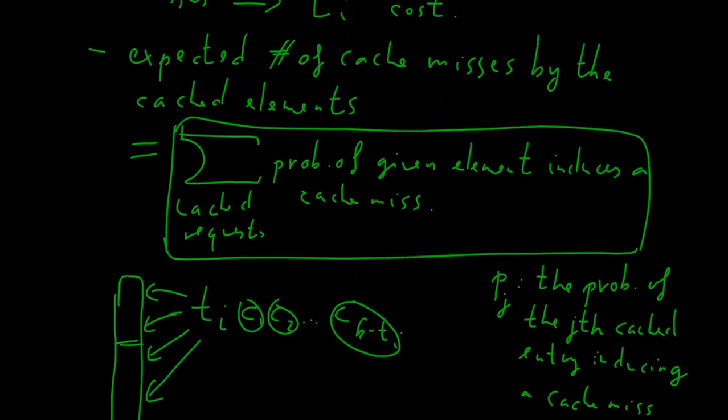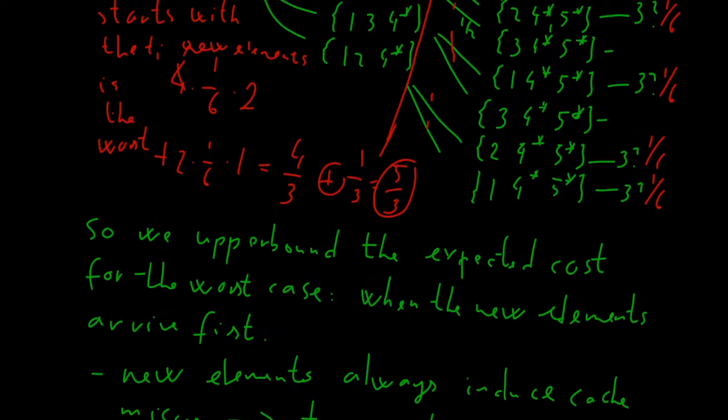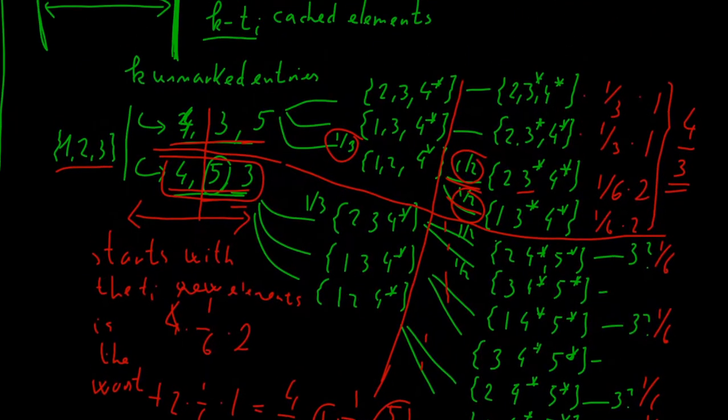I will go back to our example to show what I'm talking about. For example here, 4, 5 and 3, this 3 was the cached element, but there was a probability of 3 inducing a cache miss. It didn't induce a cache miss on this path and on this path, but it induced the cache miss on all the other paths.